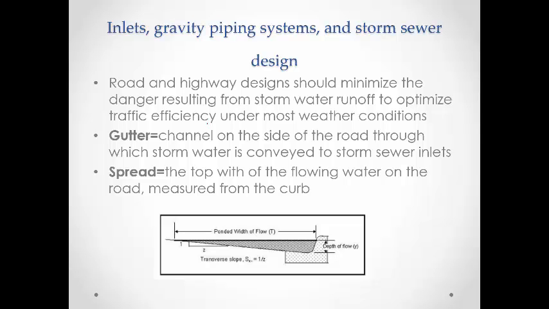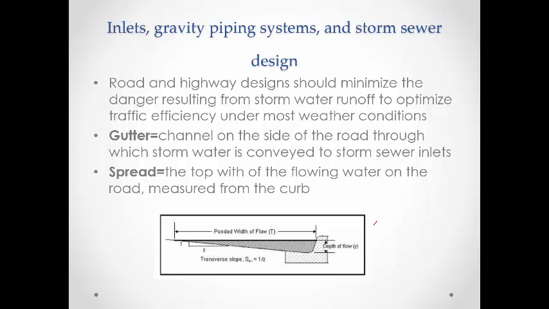An important concept is that road and highway design should minimize the danger resulting from stormwater runoff. So you don't want a street that's totally flooded, even though we have some streets that are totally flooded, but that is something that needs to be resolved. What we want is to use the streets as a temporary conveyance of that stormwater flow.